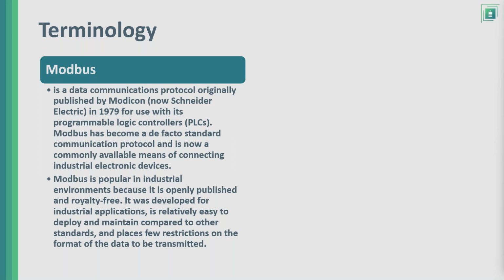Modbus is basically a protocol for exchanging information, and it was first used in implementing programmable logic controllers, or PLCs, in manufacturing, to send information on what was being done in the production environment.